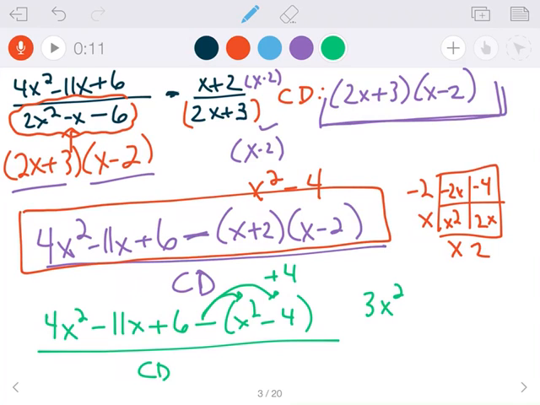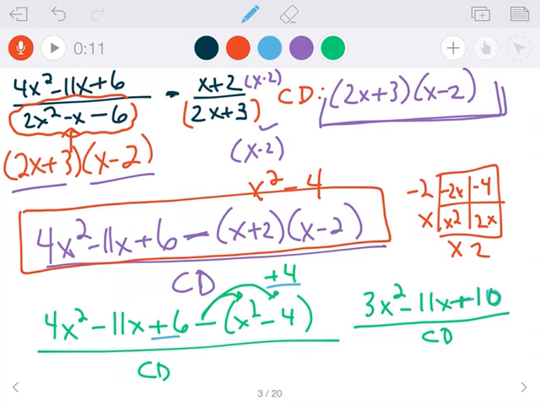I have negative 11x and no other x terms, so minus 11x. And then I have plus 6 and plus 4, which gives me plus 10. We'll keep it all the same color, all over our common denominator.